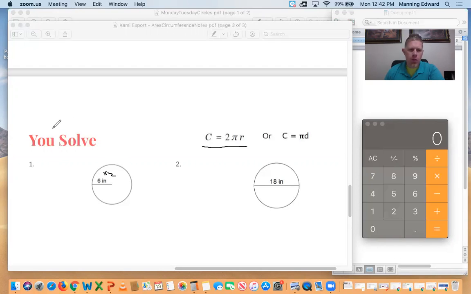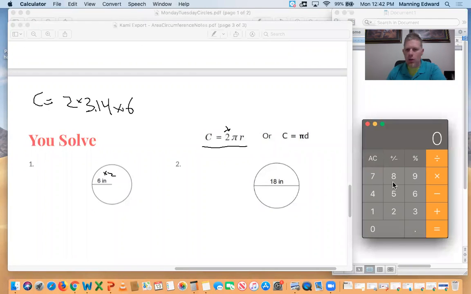But if I want to do it exactly like they're doing it, I can say, okay, circumference is going to be 2, coming from here, times 3.14 times my radius, which is 6. So 2 times 3.14, and that would be, well, I can't do that in my head. Any of you guys can do it in your head, more power to you.